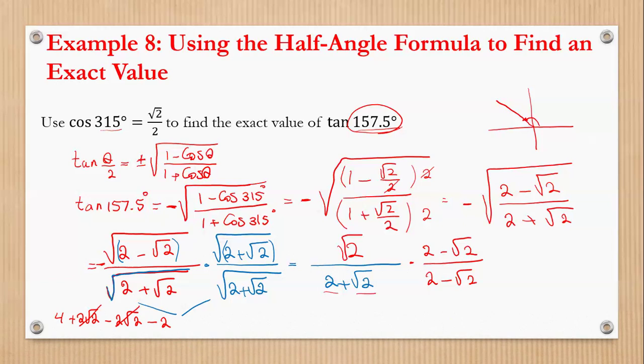If I multiply the denominators, since they are conjugates, if you do the FOIL, you get 2 times 2, 2 times root 2 with negative root 2 times 2, and root 2 times negative root 2, which is 2. Again, these two cancel each other. 4 minus 2 is just 2. And if you multiply the numerators, 2 times root 2, minus root 2 times root 2, which is 2.